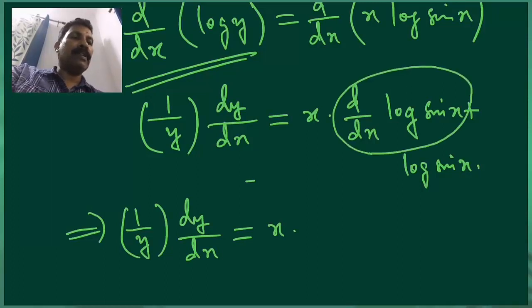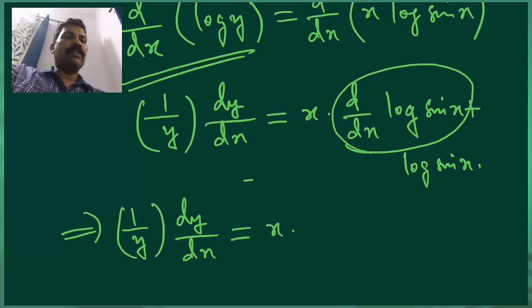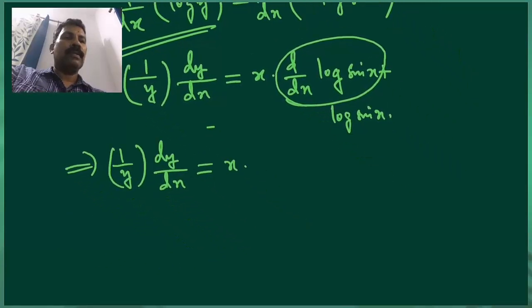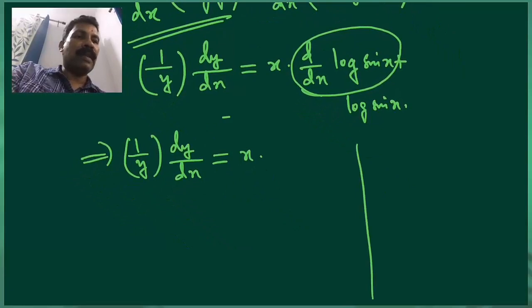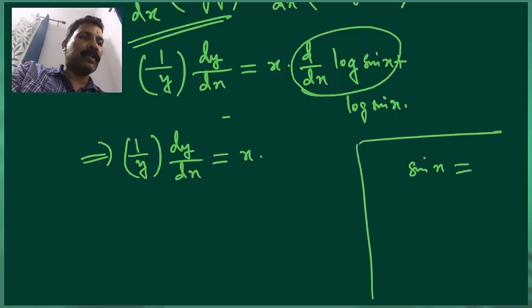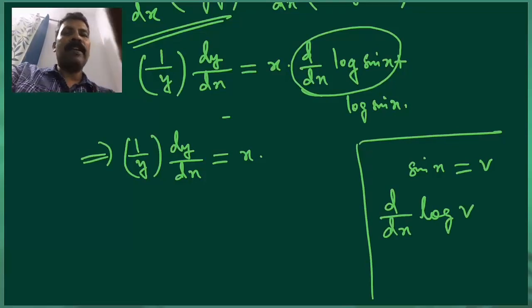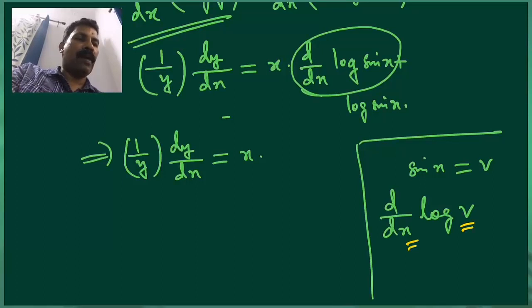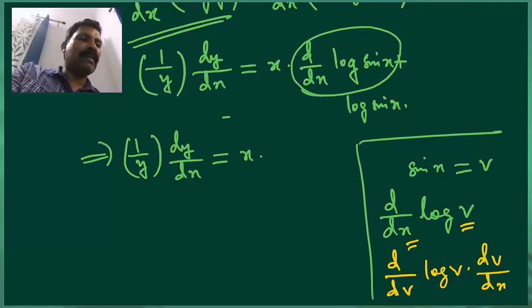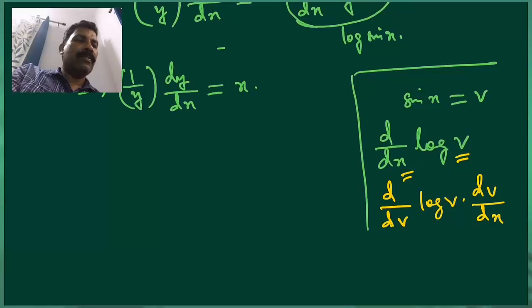how will you find the derivative of this? So that you have to do in a substitution method, that we can do. Suppose you substitute sin x is equal to say v, then we have d by dx of log v only, but the variable mismatching problem is there, so we have to address it, that is d by dv of log v, then to compensate dv by dx, that is you can have 1 by v.